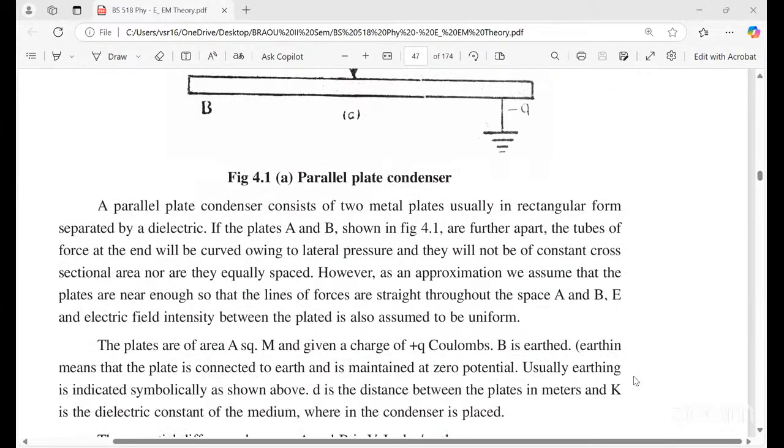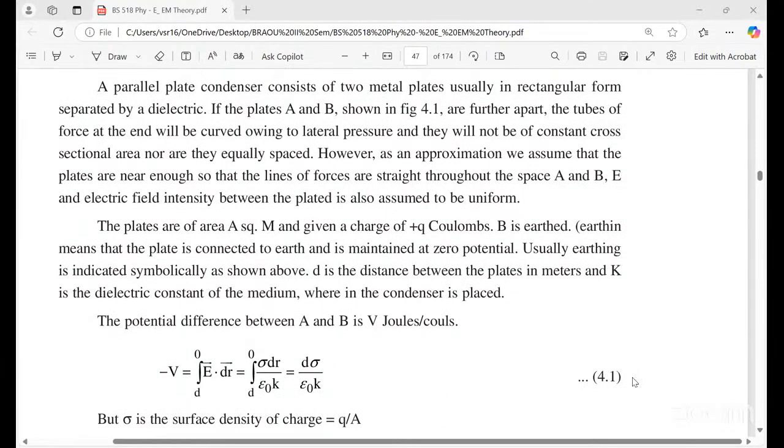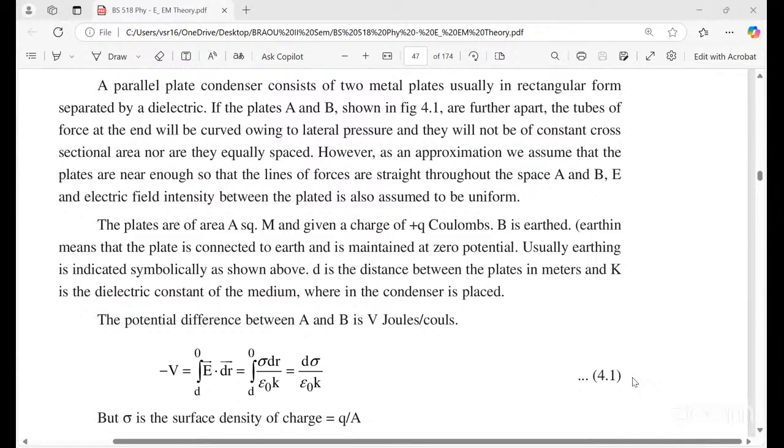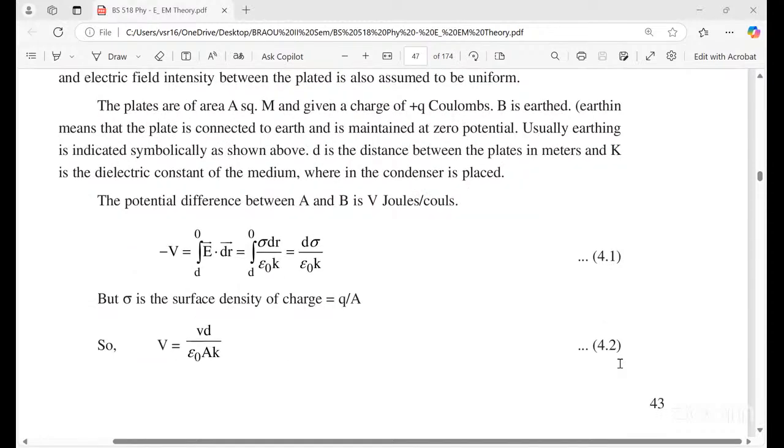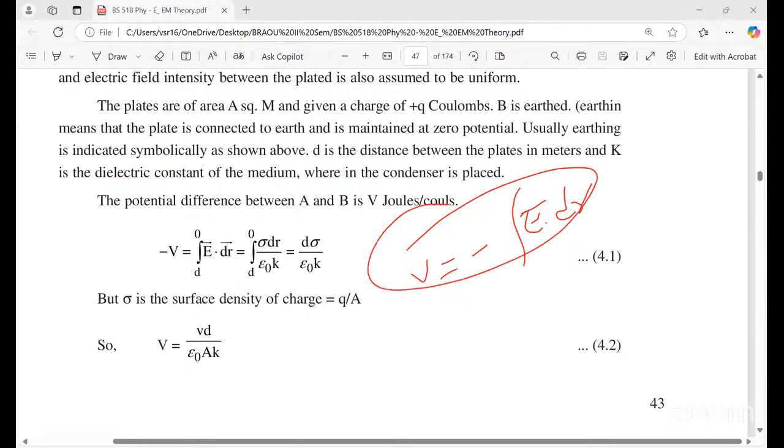If you want to calculate the potential difference between these two plates, the integral form of electric potential and electric field is V equals minus integral E dot dr. This is the integral relation between the potential difference and electric field.